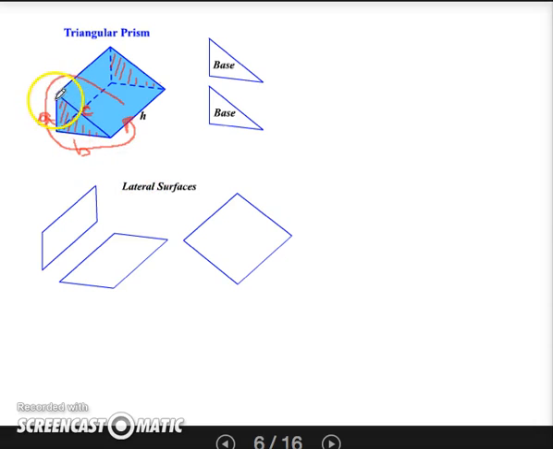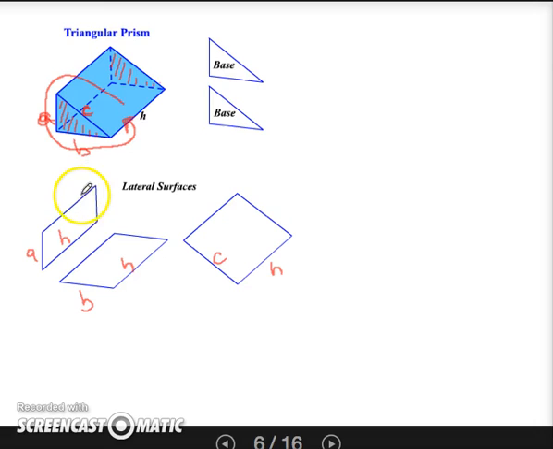And so then if we just kind of took this thing apart, we could see that this top face would have dimensions of C by H. The bottom face here that's kind of sitting on the table would have dimensions B by H. And the face that's hidden from us here would have dimensions A by H. So adding up all of these three areas, we could find the lateral surface area.